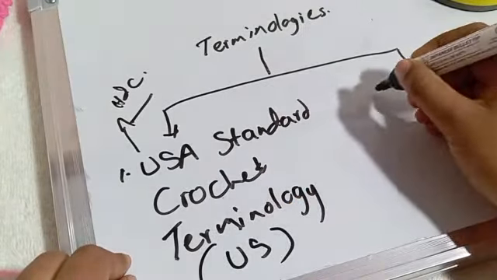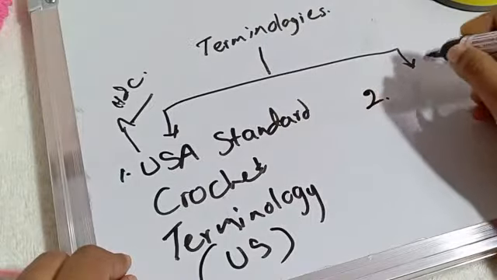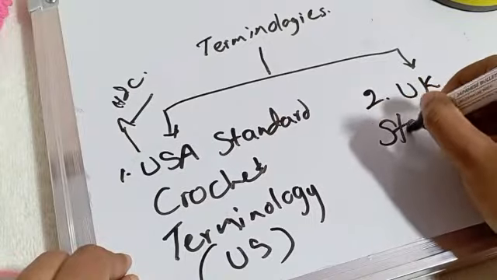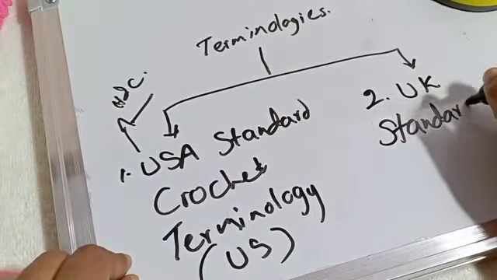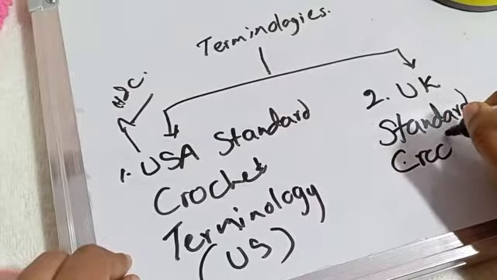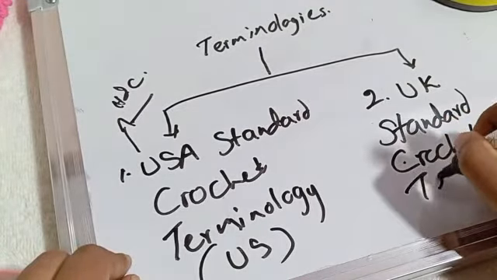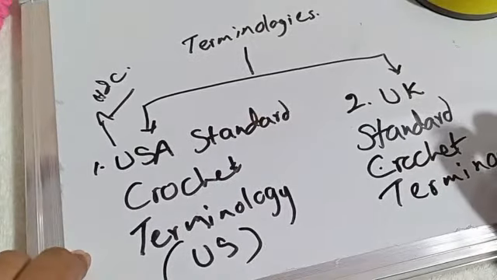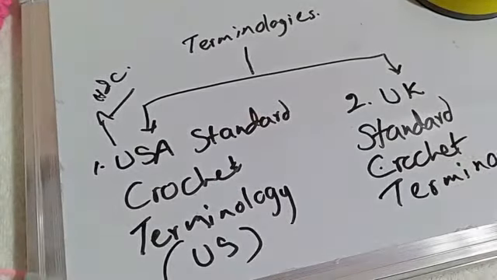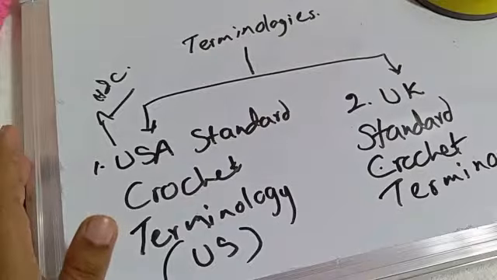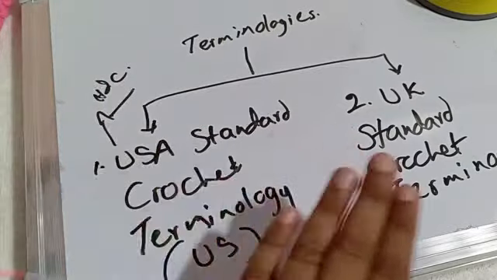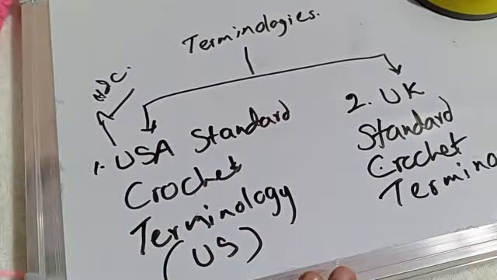And the other terminology is UK standard crochet terminology. These are the two main crochet terminologies. Actually, there are differences when naming stitches in both these terminologies, but you do not need to worry about them.